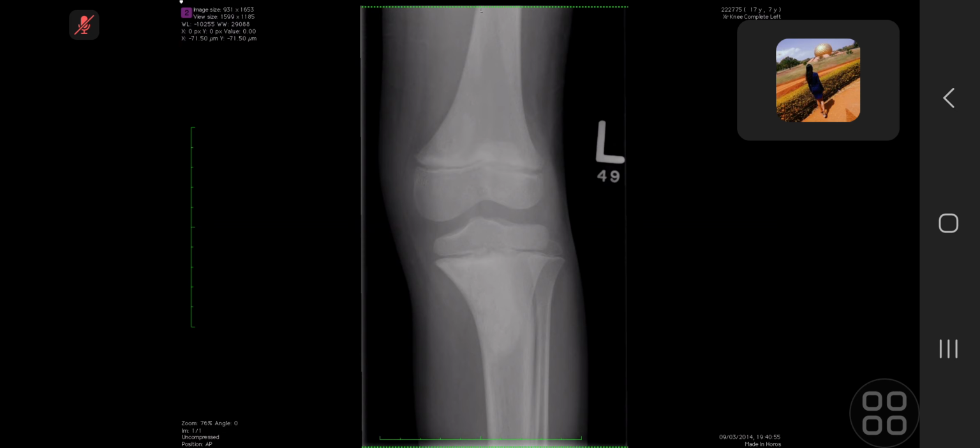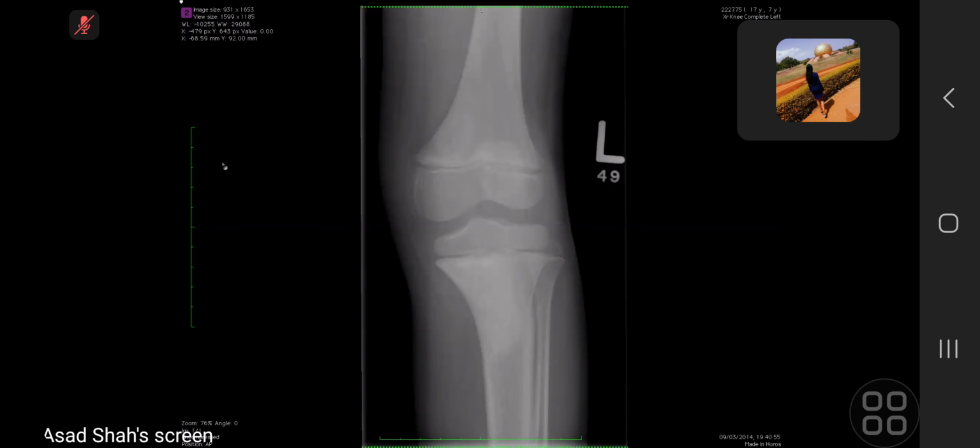The lesion has a fairly wide zone of transition. There is osteoid matrix, sclerotic matrix. There is no soft tissue component. There is no associated cortical thinning or cortical destruction. So my top differential would be osteosarcoma.